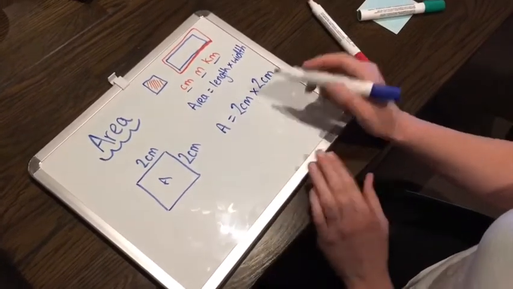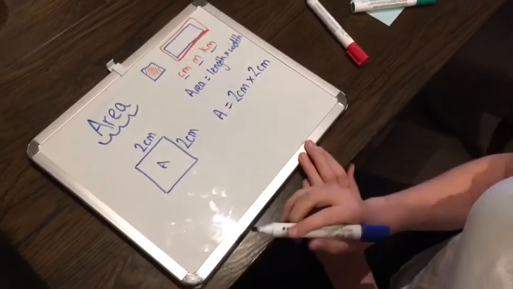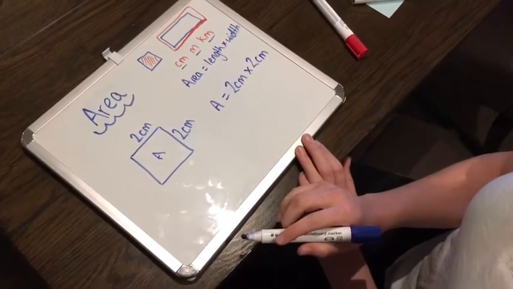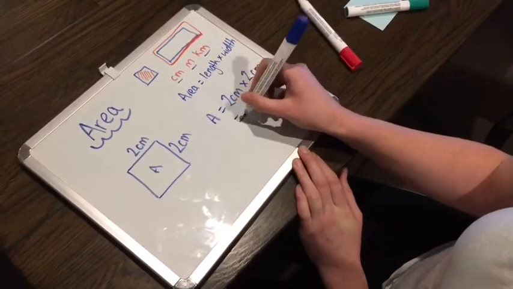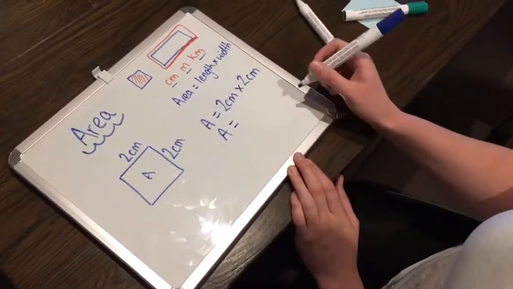That's correct. Now in a square, both sides are the same length, aren't they? So we can use either for length or width. So what is 2 times 2?